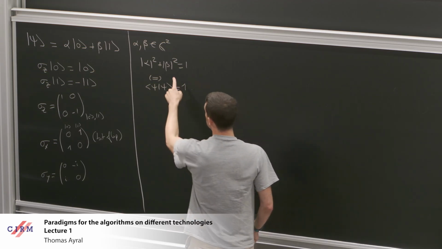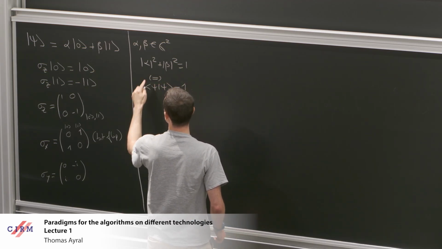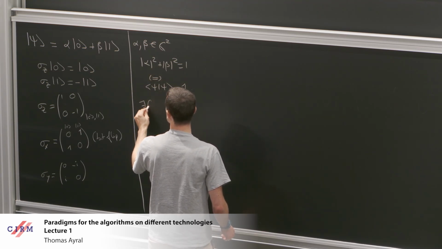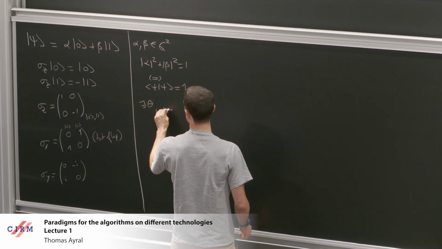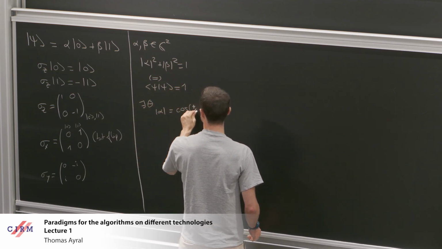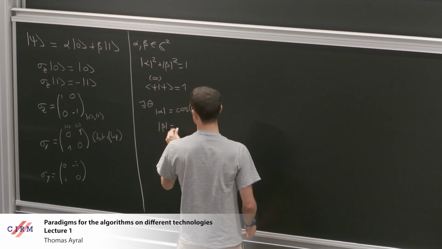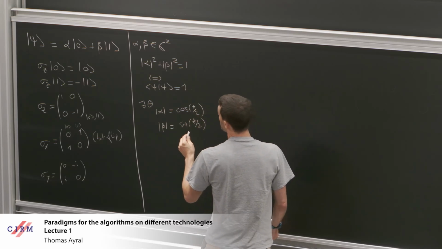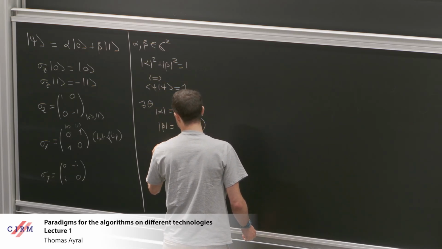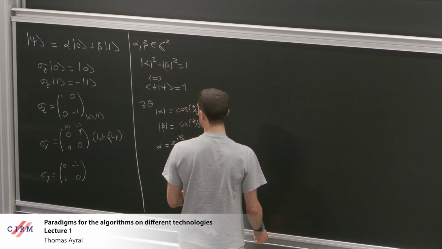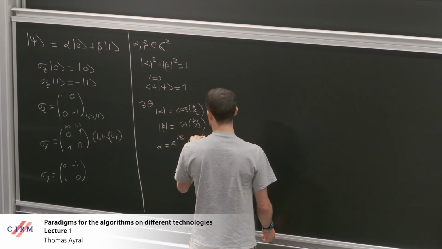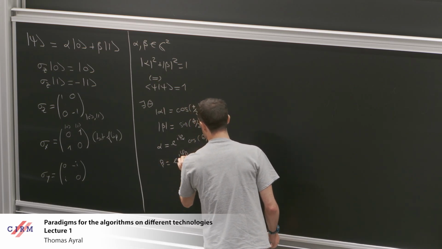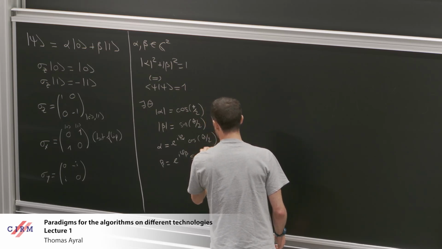And the fact that I have this constraint also means that I can always find an angle, theta, such that the modulus of alpha is cosine of theta half, and the modulus of beta is, for instance, sine of theta half, which means that I can always say that alpha is of the form some phase factor times cosine of theta half, and beta is another phase times sine of theta half.